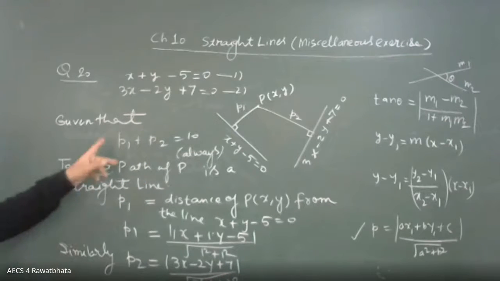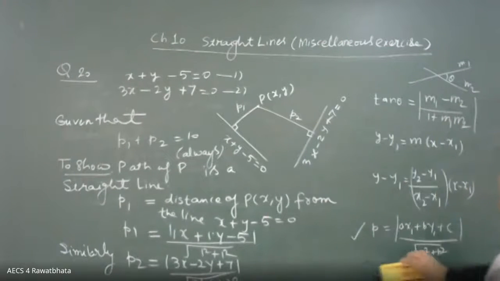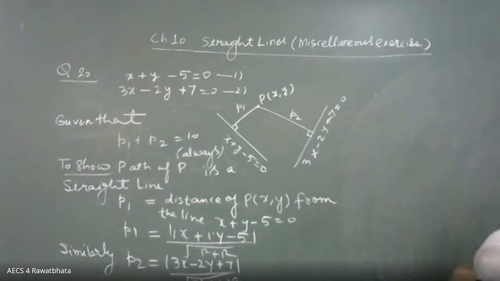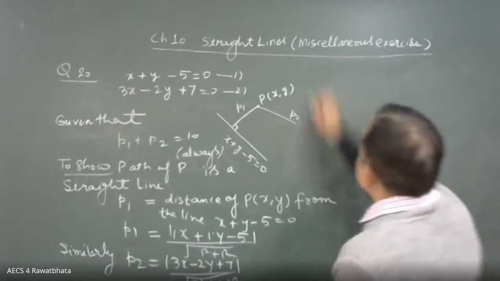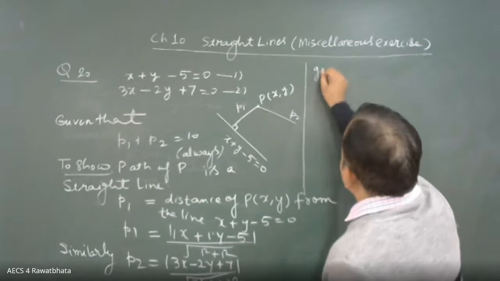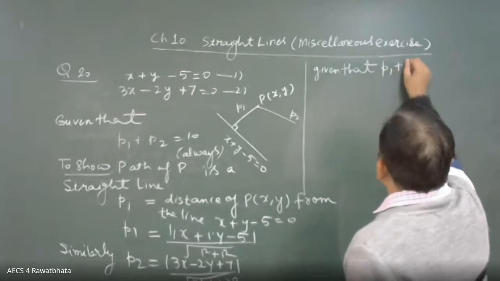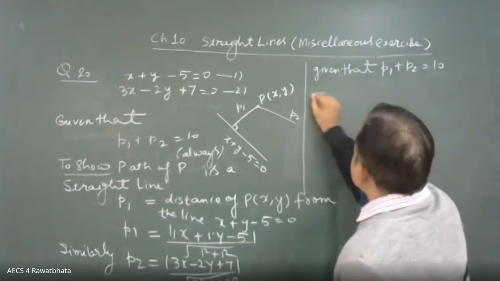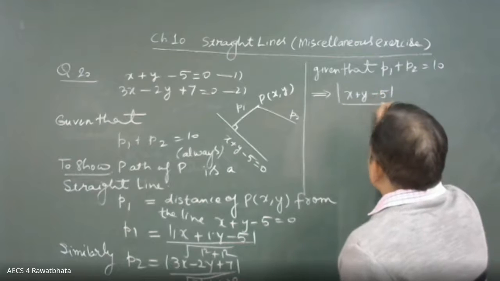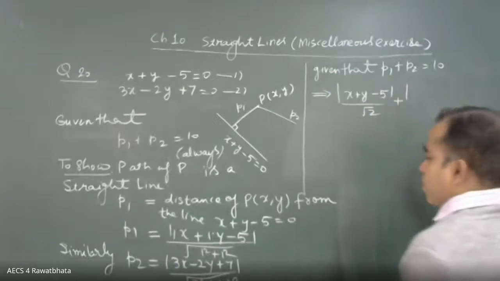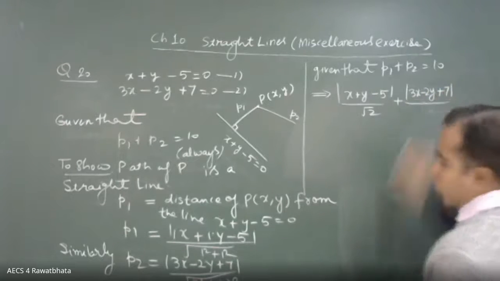Right. Now let us use this given fact. Watch carefully, note carefully, and let us see what to do next. Given that p1 plus p2 equal to 10, so it means that magnitude of x plus y minus 5 whole upon root 2 plus magnitude of 3x minus 2y plus 7 whole upon, this is how much, students?